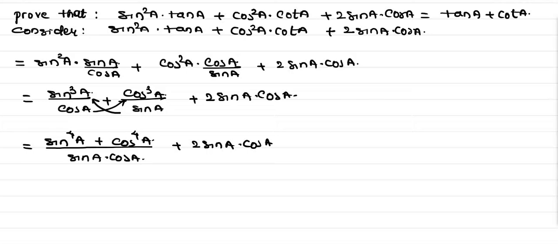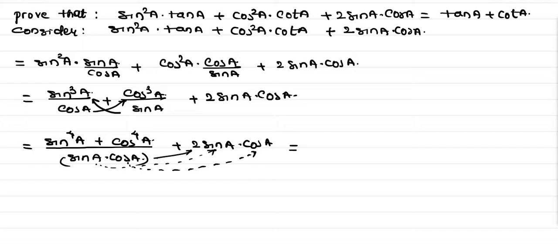Next we cross multiply this complete term on this side: sin a multiplied by sin a gives sin square a, and cos a into cos a gives cos square a.